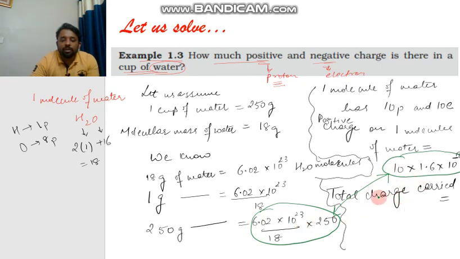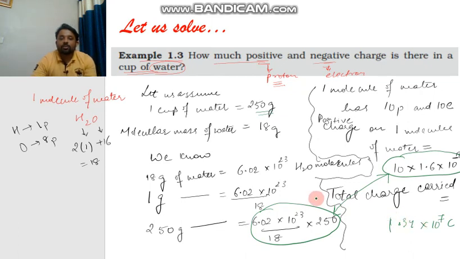So if we multiply both of them, it will come out to be around 1.34 into 10 raised to power 7 coulomb. So this is the positive charge carried by a cup of water, assuming that a cup has 250 grams of water, and the same amount of charge will be negative in a cup of water.